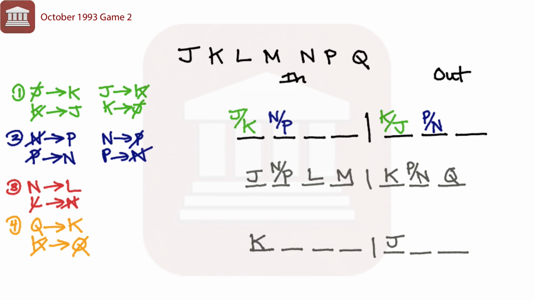Then I turn my attention here to N versus P. Now, if I have N in, I know for certain from condition 3 that L is in. Again, I know that now P would be out. Who is left? It would be M and Q.